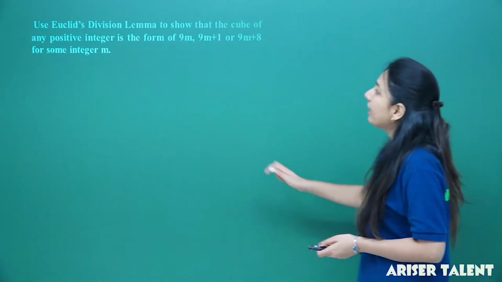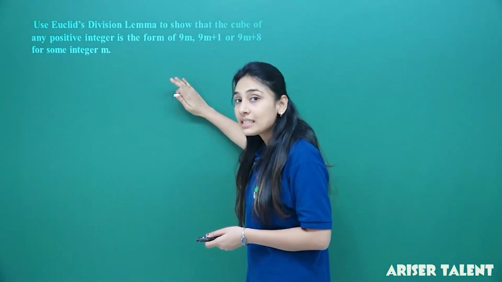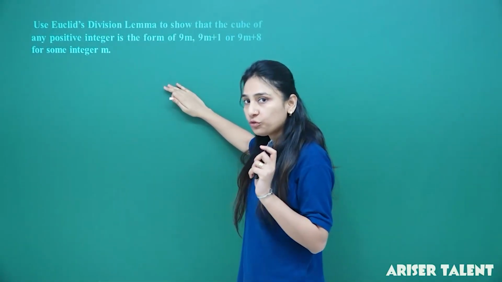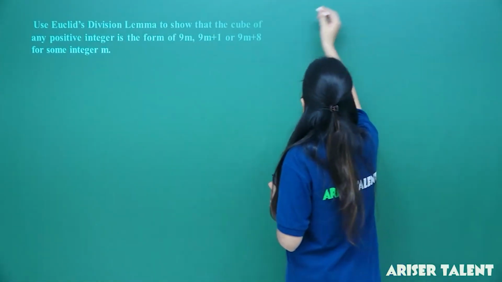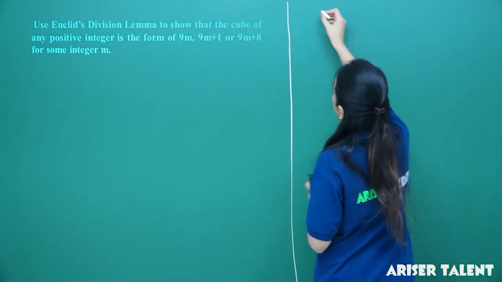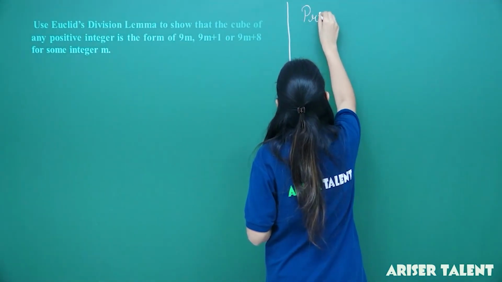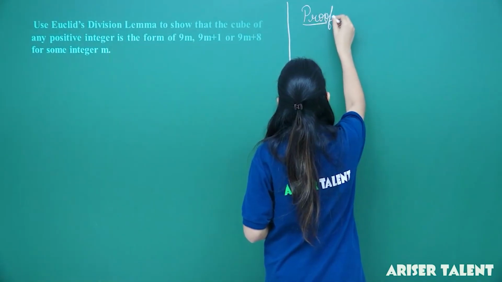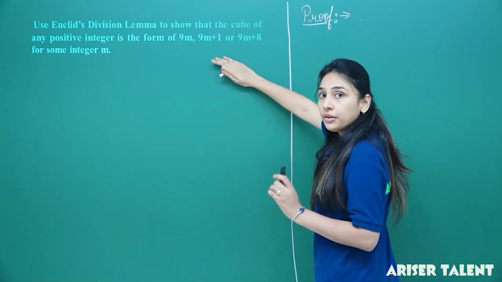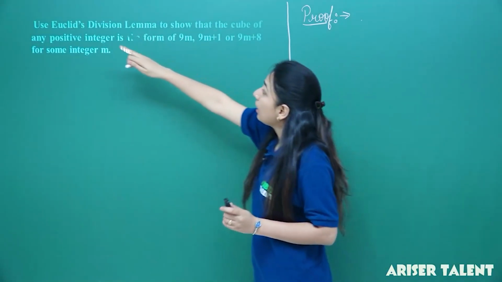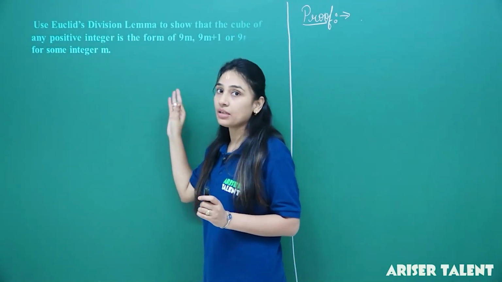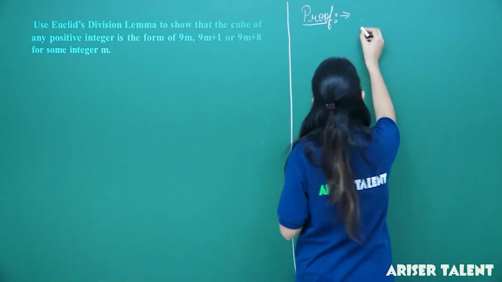Okay, we have proved these kinds of statements before also, so we know now what we have to do. Proof. We'll be having Euclid's division lemma because the question is stating to use Euclid's division lemma. So, we will obviously use this.